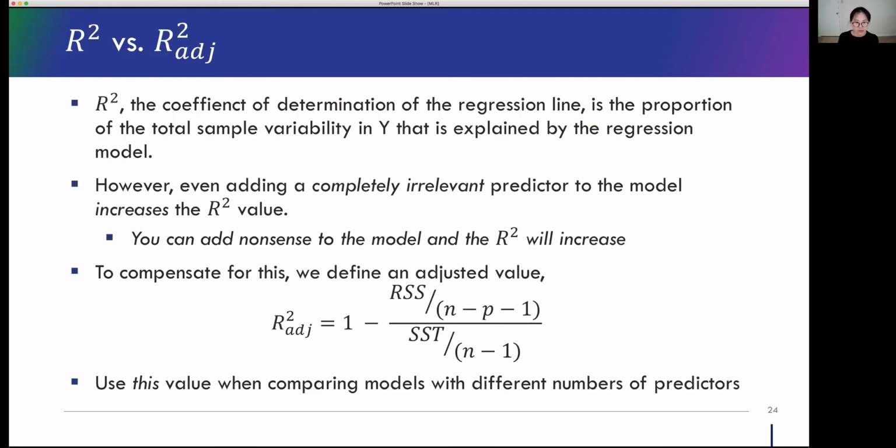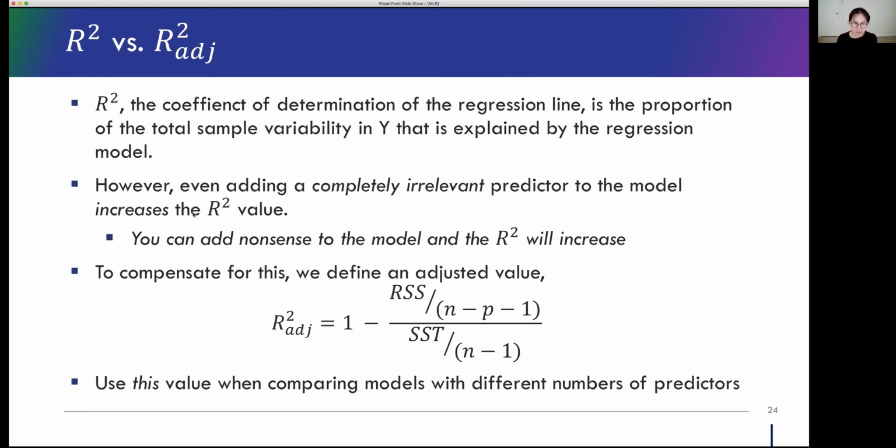Another note here, this is important. R squared, the coefficient of determination of the regression line, is the proportion of total sample variability in Y that is explained by your regression model.